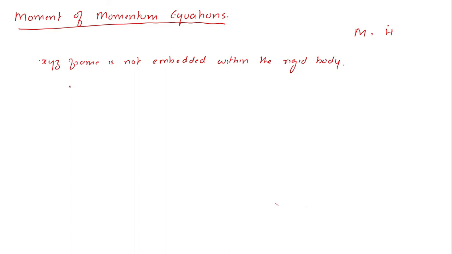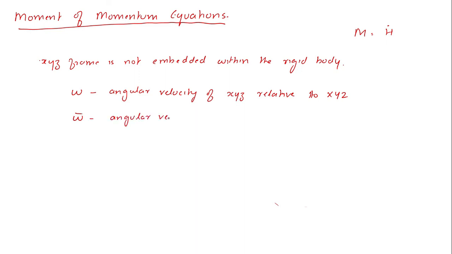So let omega be the angular velocity of small xyz relative to capital XYZ, and omega bar is the angular velocity of the rigid body relative to capital XYZ. So in the earlier case we had discussed omega is equal to omega bar. But now this is not the case.